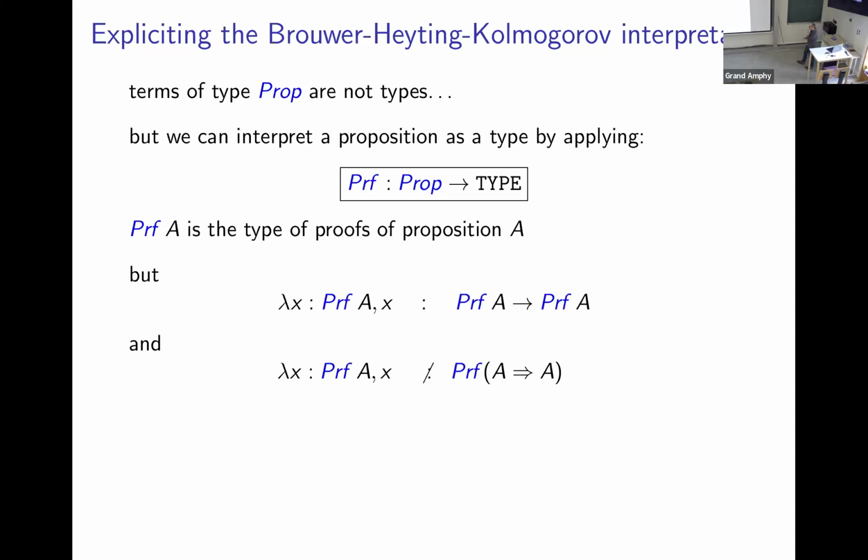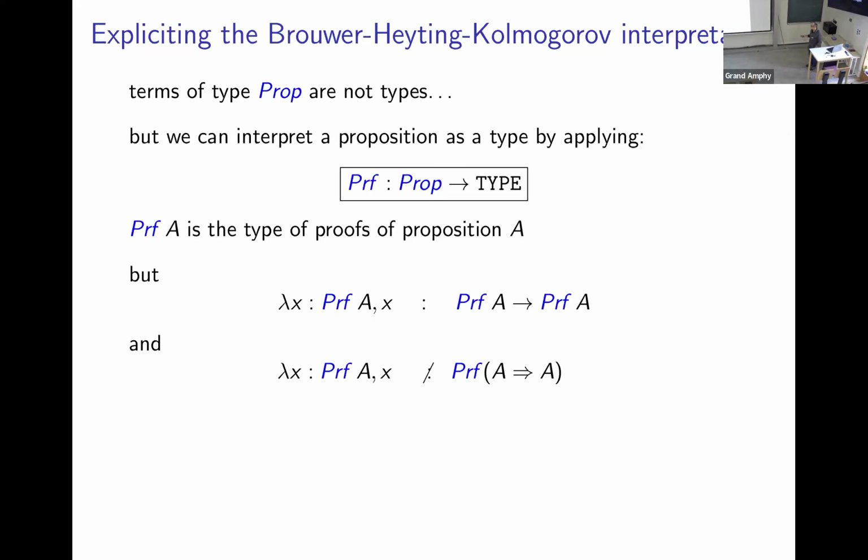But now we get some problem, because if, for instance, I take the proposition A implies A, I would like to say that the identity is the proof of this type.